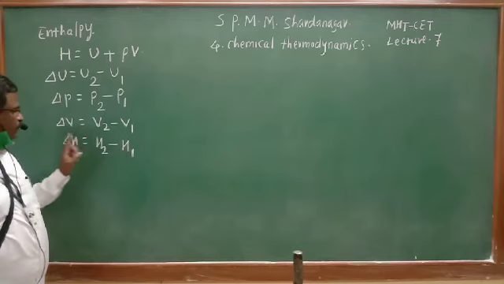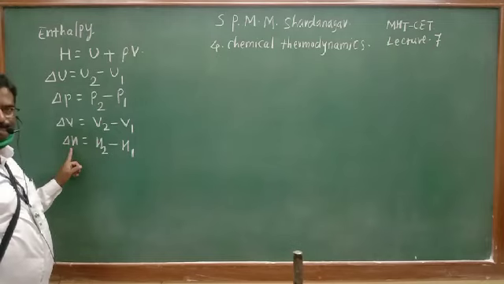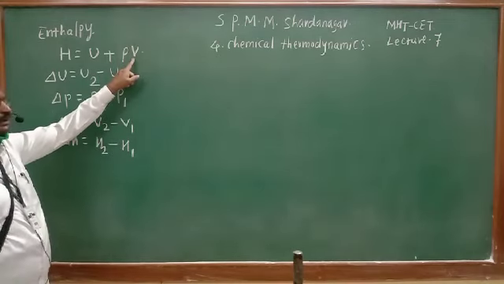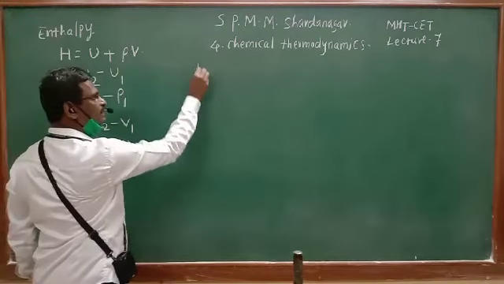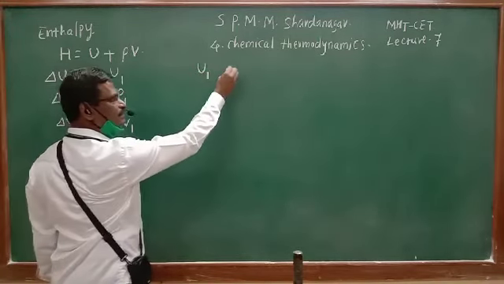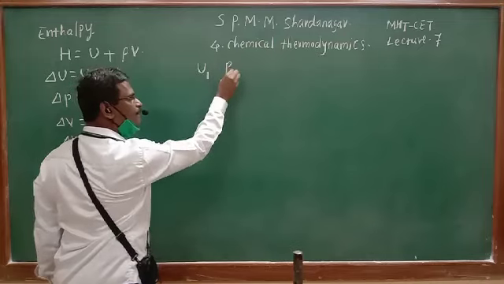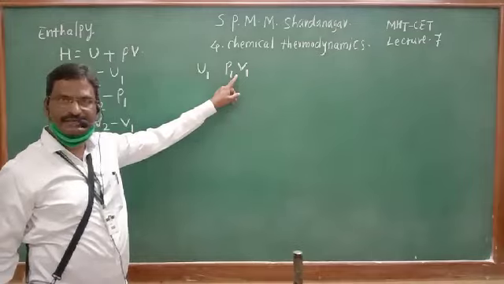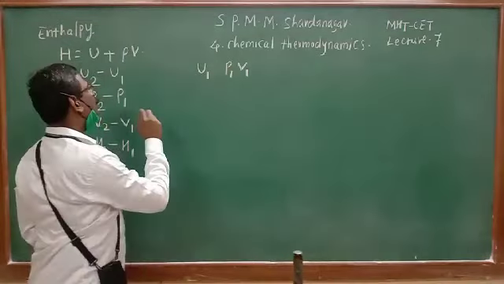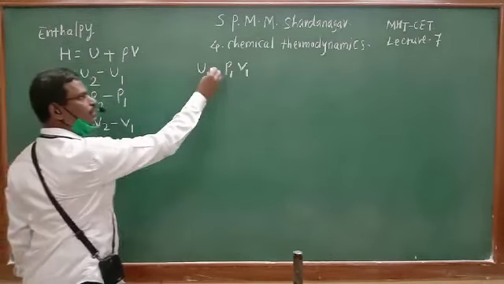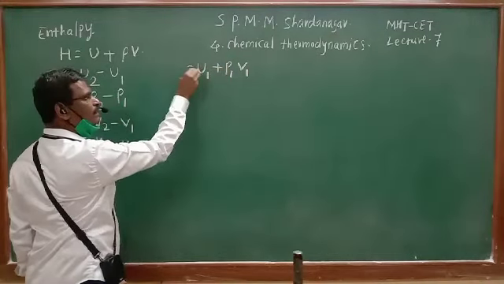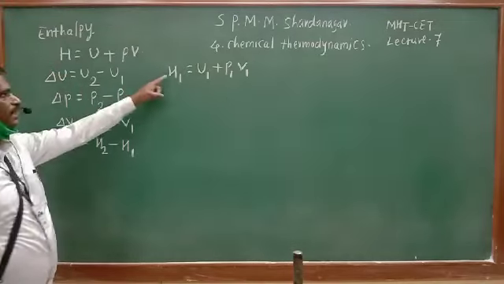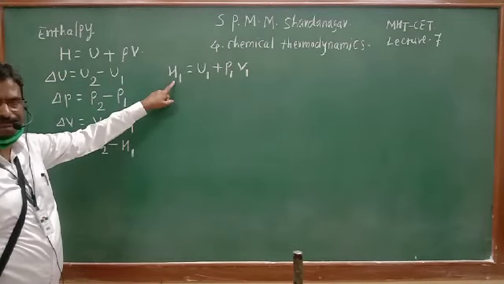Now, how to calculate the enthalpy change using this equation? Let us consider U1 is internal energy in the initial state of the system, pressure P1 and volume V1 in the initial state of the system. Therefore, from this equation, U1 plus P1 V1 will be equal to H1, enthalpy in the initial state of the system.